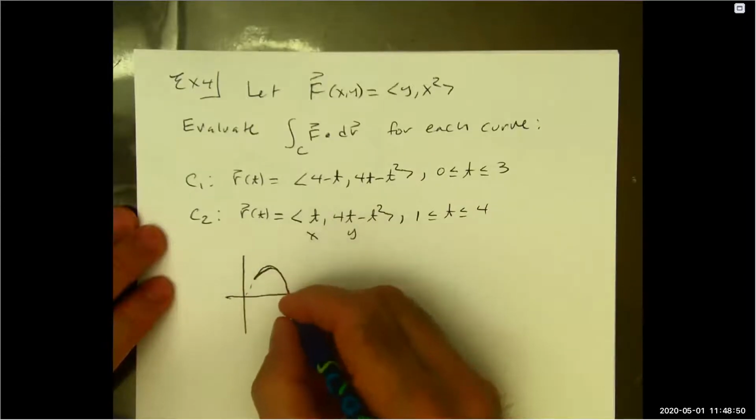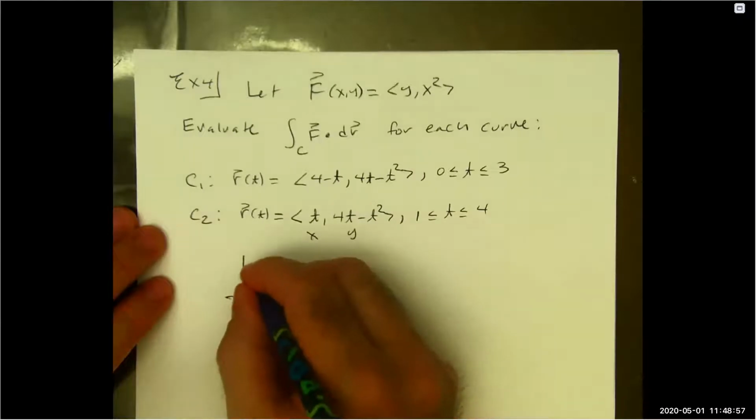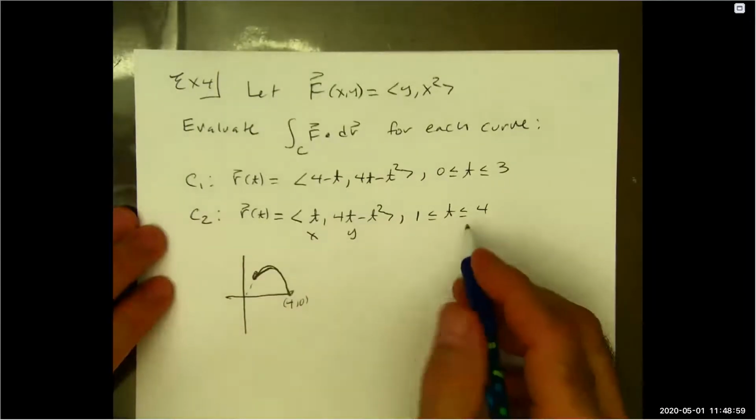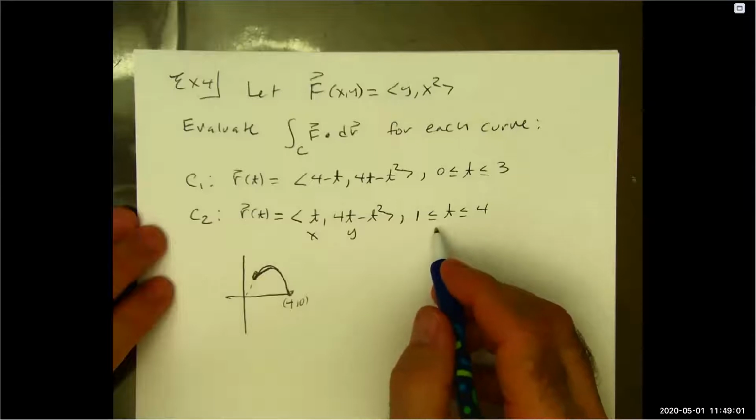So this is 4, 0. And then up here, you're going to have this point 1, 3.